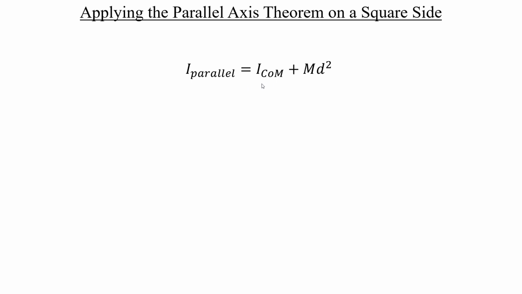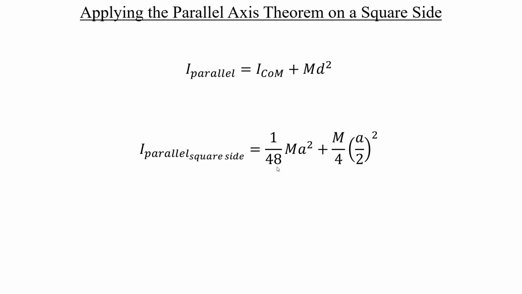So I_COM, center of mass, is going to be the moment of inertia for the center of mass of one side. Okay, so 1 over 48 ma squared, right? That m over 4 is incorporated into the 48, just as a reminder. And we said that d, the displacement from the center of mass to the very center of the square, is just the length of a side divided by 2.